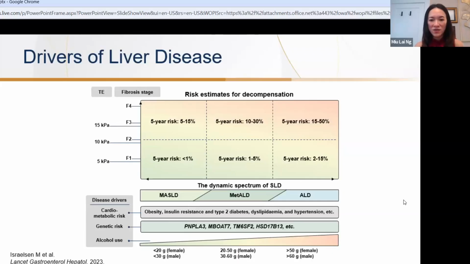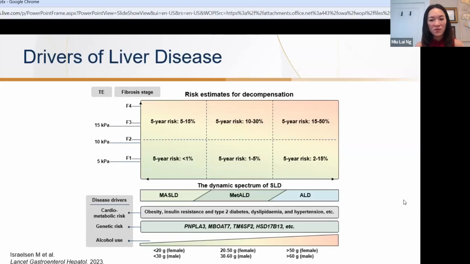For alcohol, if you drink more than the guideline, 10 drinks for women, 20 drinks for men, and you come to your hepatology office and find out you have no significant fibrosis, the 5-year risk to develop decompensation is 2 to 15%. I mean, it is not very high, but it is already as high as those people who have fatty liver only.